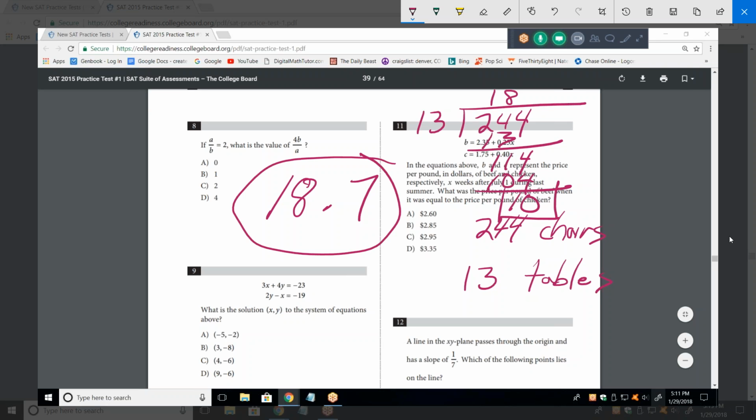Now, are you aware that there's a key on your calculator that will convert these to fractions? Do you know where it is? Under math. Can you take that number 18.7 and convert it to a proper fraction? Then it'll give you the remainder. It'll give you 18 and 10/13. 10 being the key number.